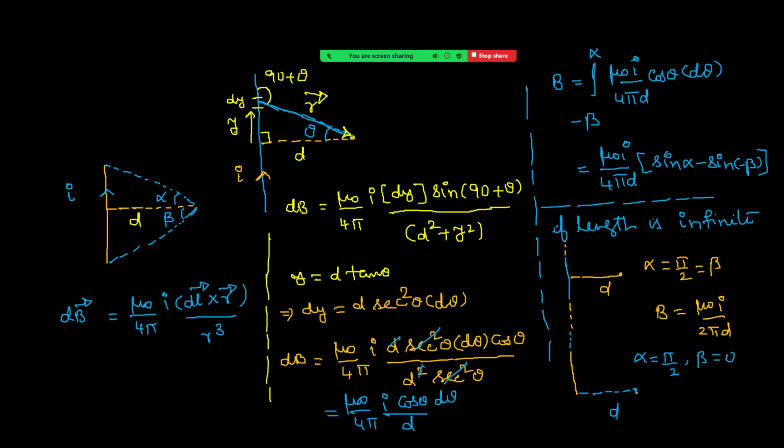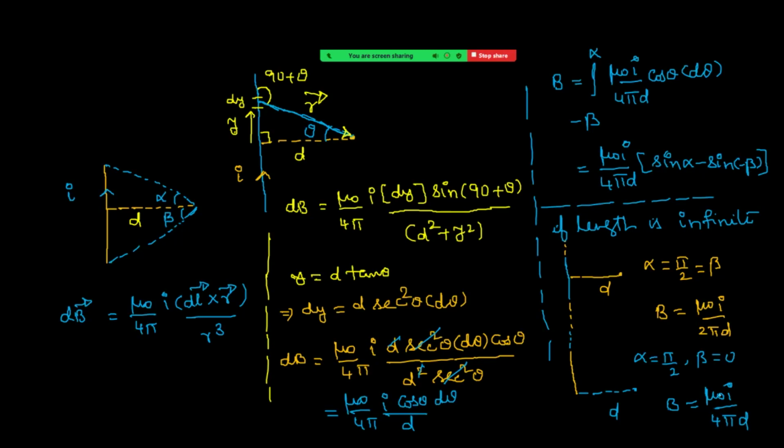So we are finding the field at one end of an infinitely long current carrying wire. See what we get. Sine 90 is 1, and this beta value is 0. So at one end, it is mu naught I by 4 pi d.